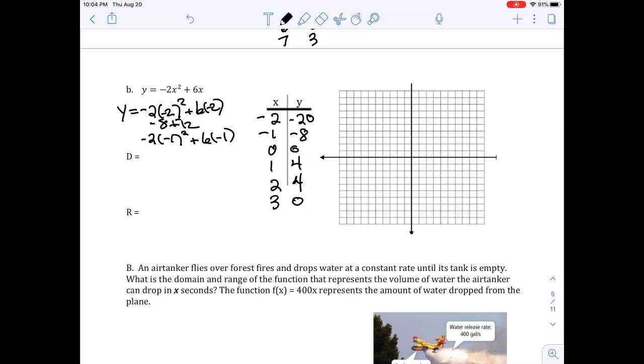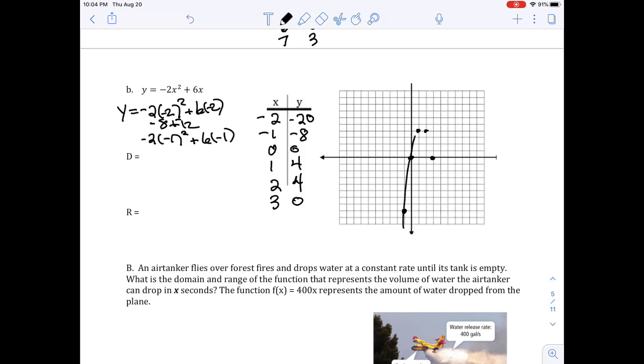All right, so the first one I wouldn't plot just because it's off our chart. -1, -8. 0, 0. 1, 4. 2, 4. 3, 0. All right, now that doesn't really look like anything familiar, all right?